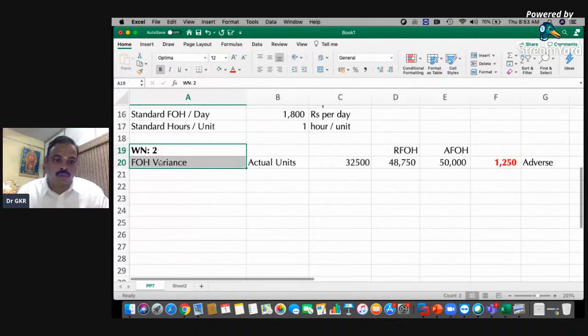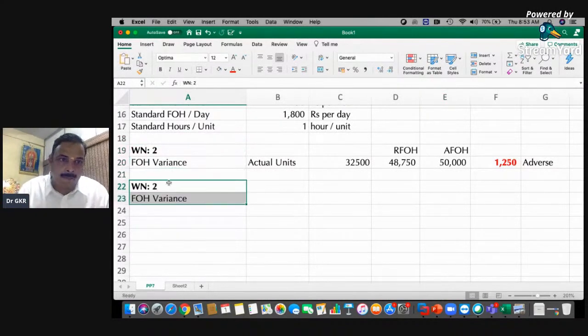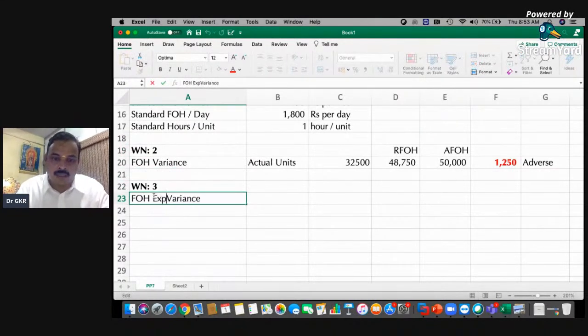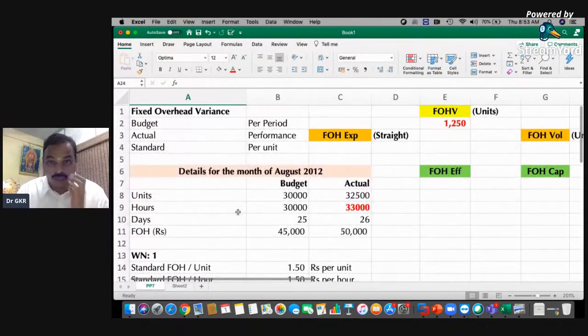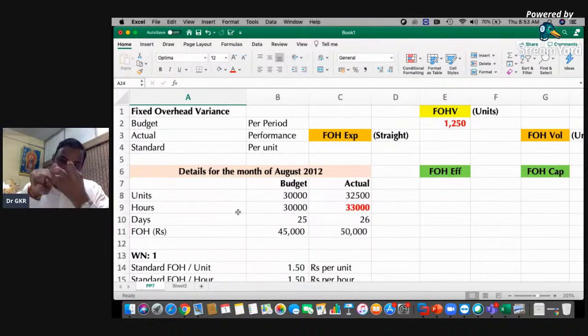So working note number 2 is done. Now working note number 3: I am going to do the fixed overhead expenditure variance. Please understand one thing about fixed overhead, because its logic is totally different compared to material, labor and variable overhead. In variable overhead expenditure variance the concept is different, and in fixed overhead expenditure the concept is different.